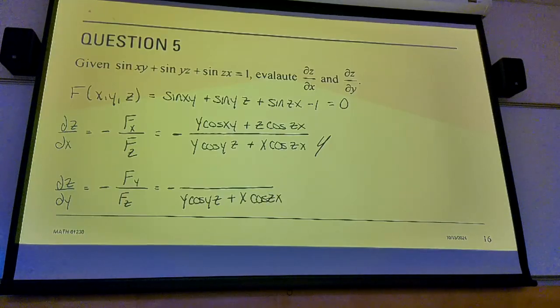Partial z partial y, what's in the numerator? x cosine xy plus z cosine yz is your partial z partial y.